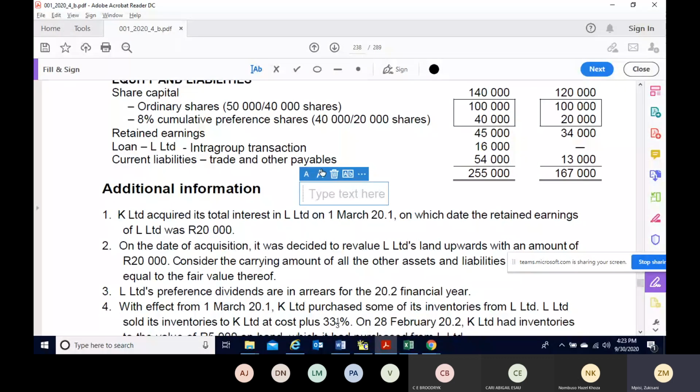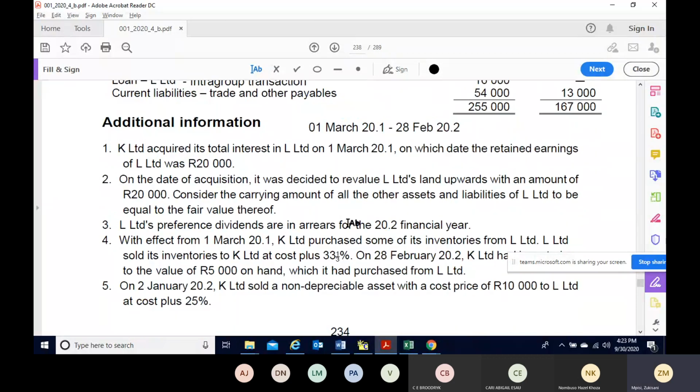If you are doing a timeline, it starts on 1 March 20.1 and runs to 28 February 20.2. So this interest was acquired at the beginning of the year. Please take note of that.